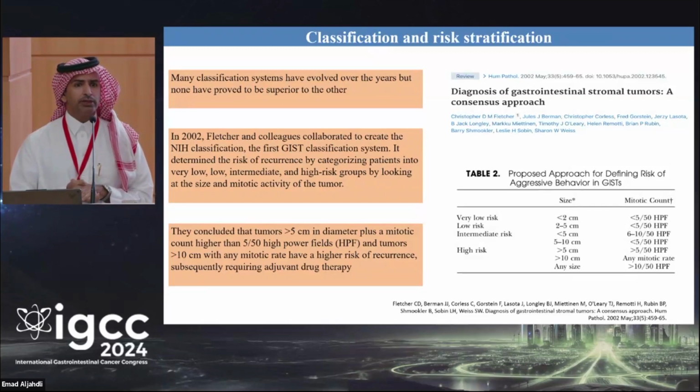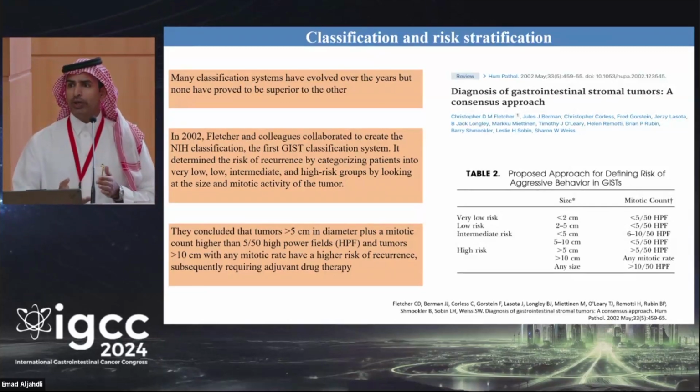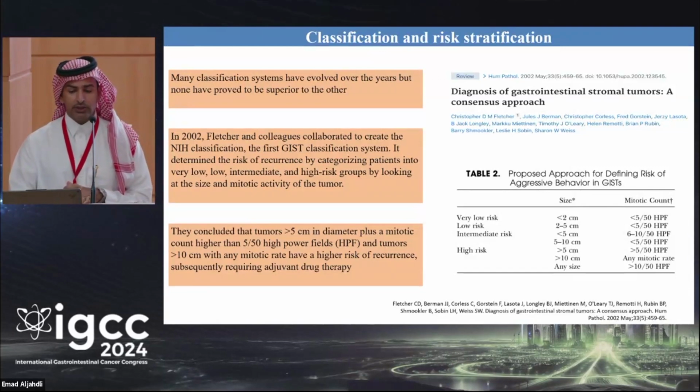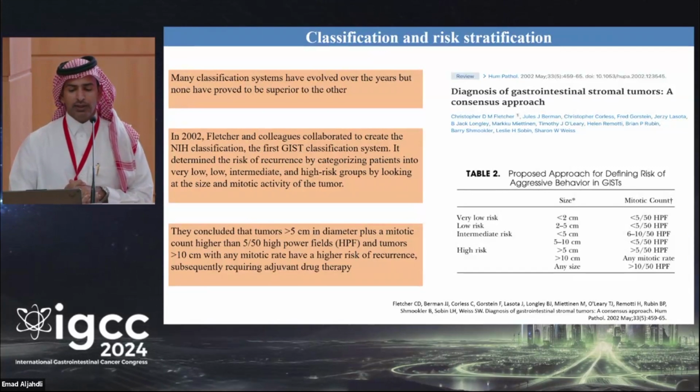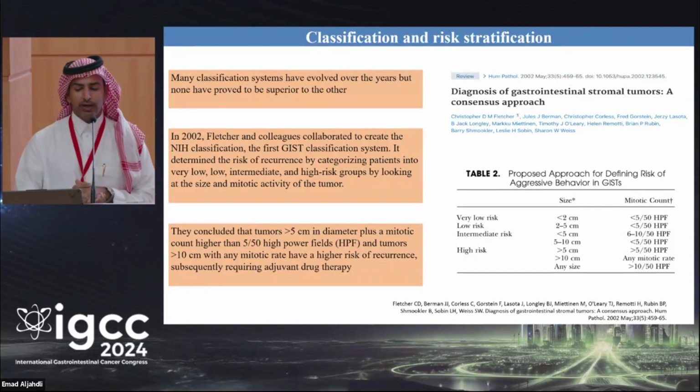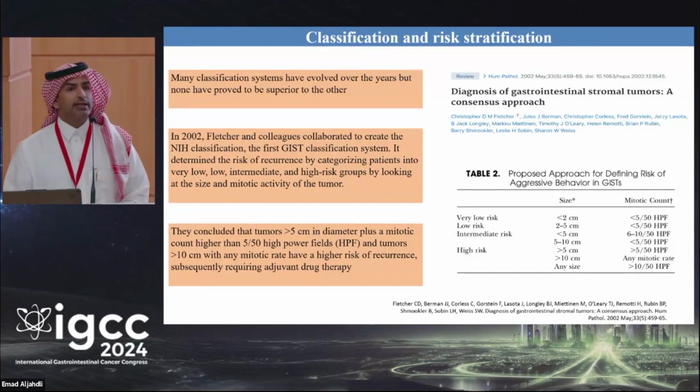Knowing GIST is a potentially malignant tumor, we have to have a risk stratification and classification for those patients. There were many classifications. In 2002, they proposed the NIH classification. They classified the lesions into very low, low, intermediate, and high risk groups based on the size and mitotic activity of the tumor.